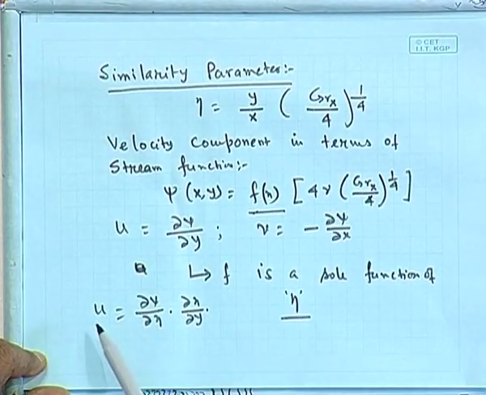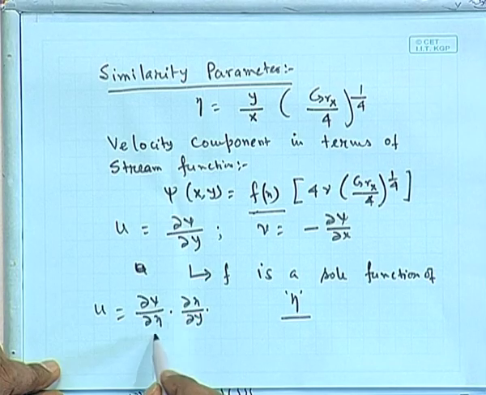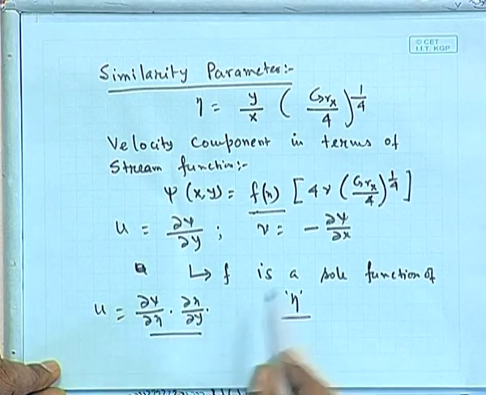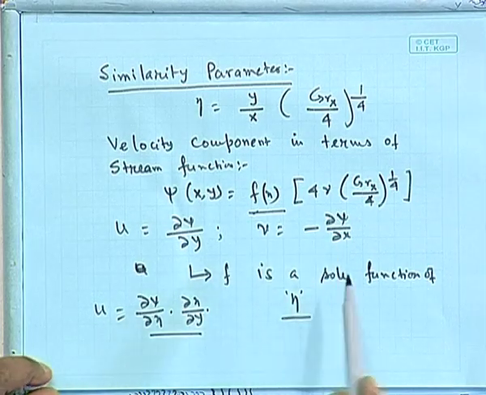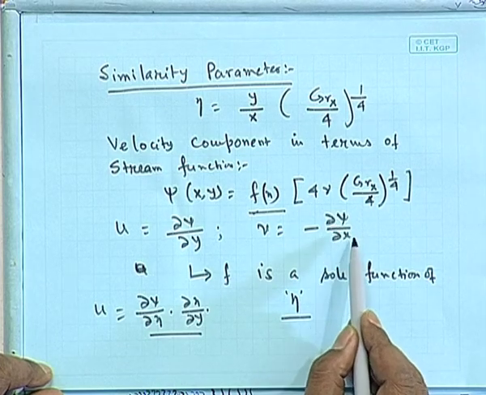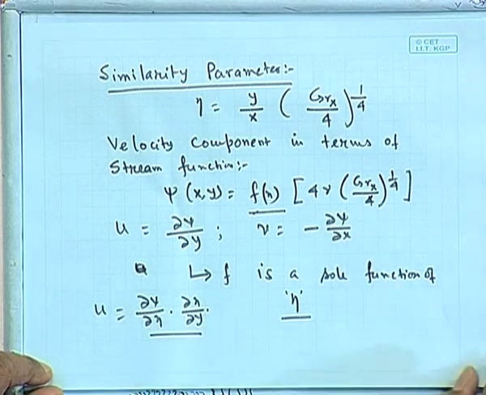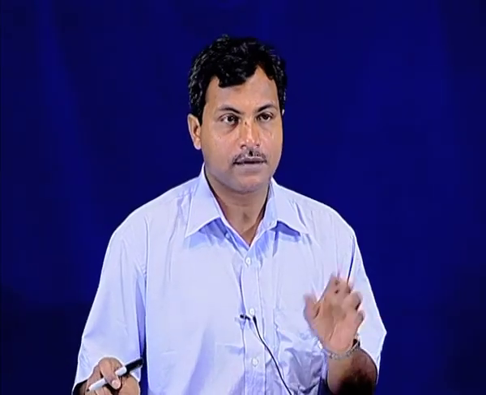So you have to get u as del psi del y in terms of eta by the chain rule of differentiation. Similarly, v can be evaluated in terms of eta only by the chain rule of differentiation, minus del psi del x, minus del psi del eta del eta del x. And you have to evaluate all the partial derivatives in terms of eta only and substitute in the governing equation.